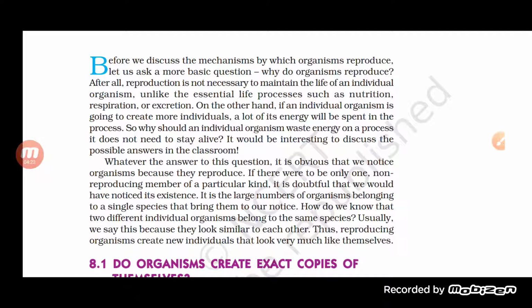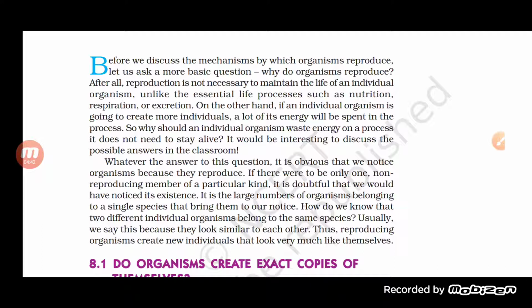So every living organism who wants to maintain its species must show the process of reproduction. We can say that reproduction is important for the continuity of life on the earth.